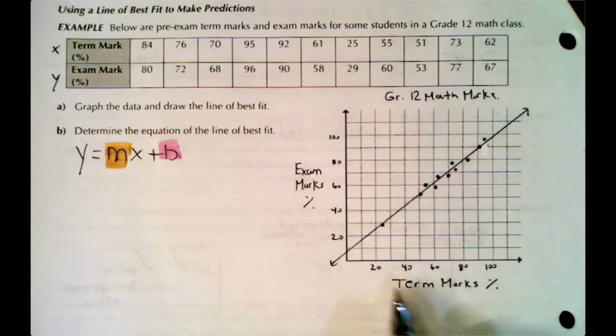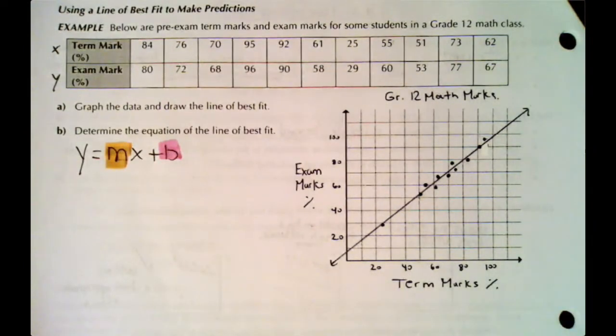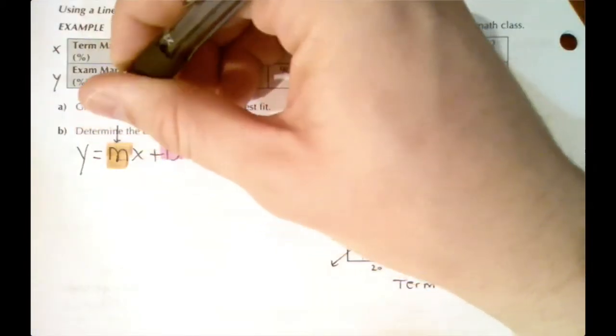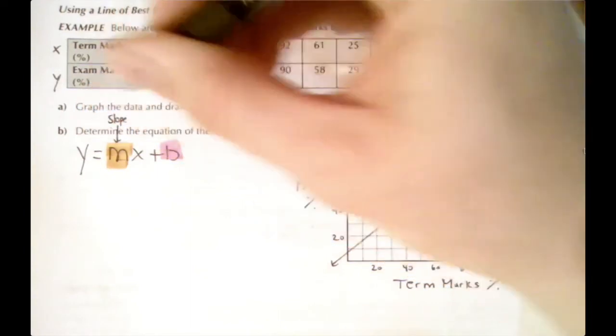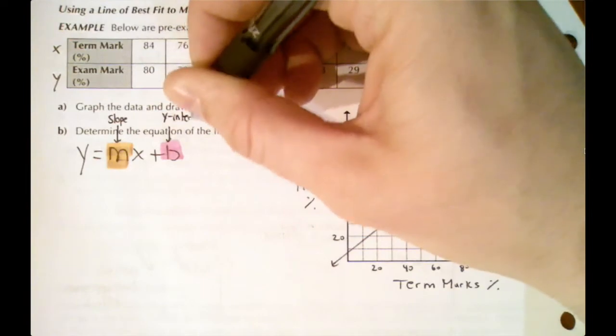So x is term marks, y is exam marks. We leave those in the equation. We do need to figure out what m and b are. We might remember, or we might forget, but m is slope, and b is y-intercept.